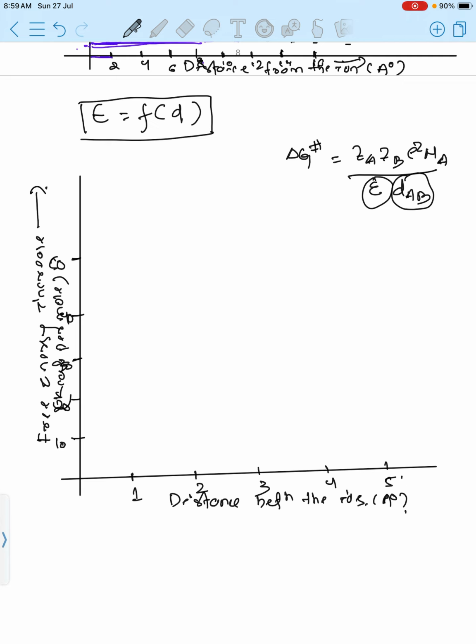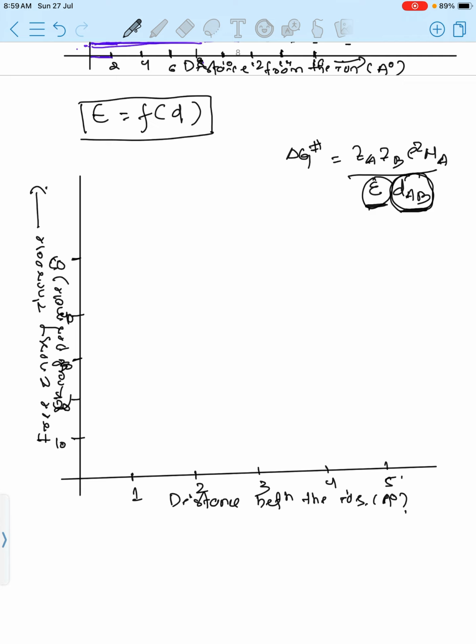That means we have considered the solvent to be distributed evenly and uniformly. Therefore, the dielectric constant would have the same value. So if the dielectric constant does not change, then obviously there will be only the effect of DAB.